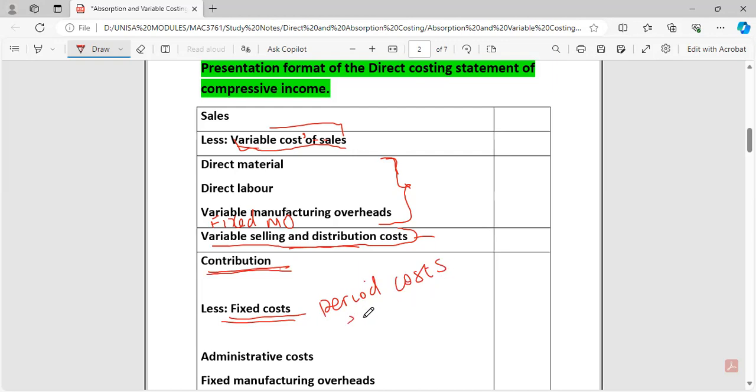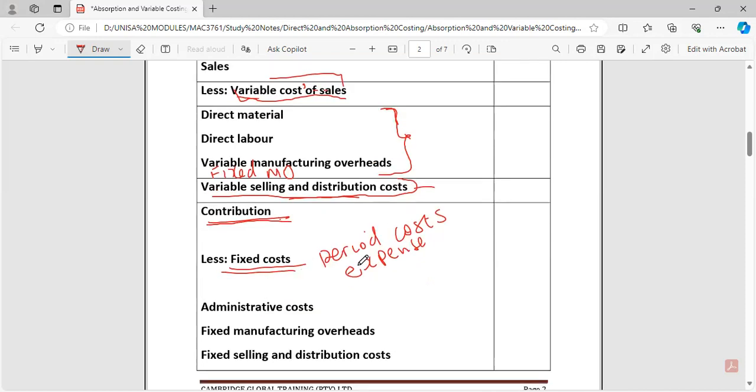So these are going to be expenses, all fixed costs, whether they are manufacturing costs or not, they are going to be expensed by the business. But when you are doing the absorption costing, you will see that these fixed manufacturing overheads will be part of the cost of the product.